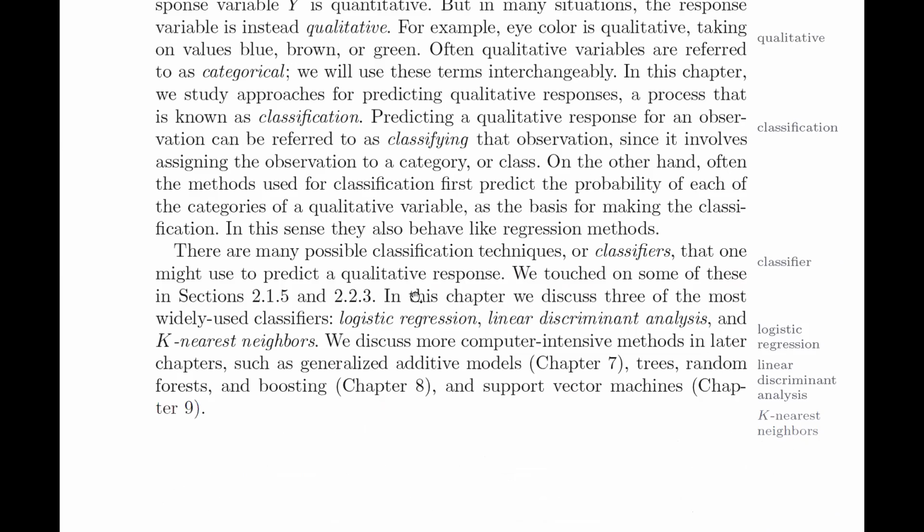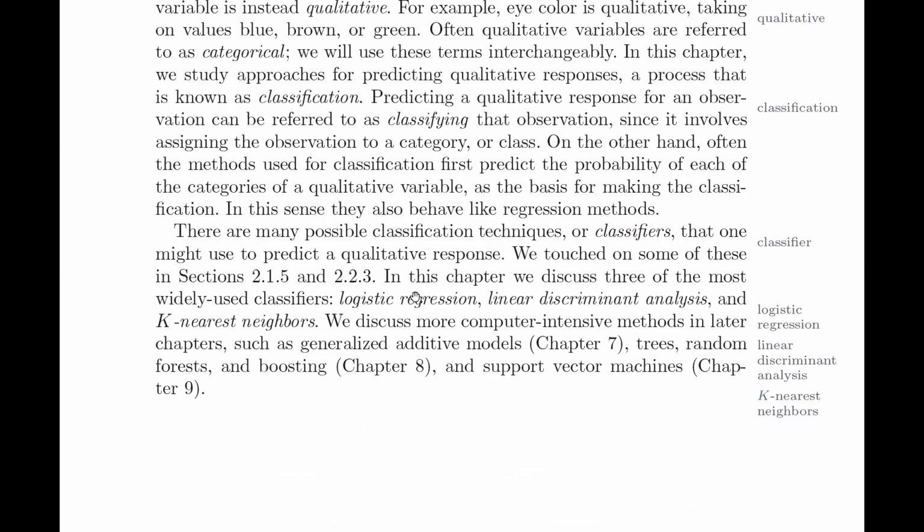There are many possible classification techniques or classifiers that one might use to predict a qualitative response. Yeah, and you may remember some of these from chapter 2. We touched on some of these in sections this and that.